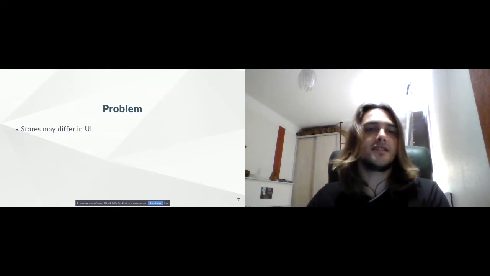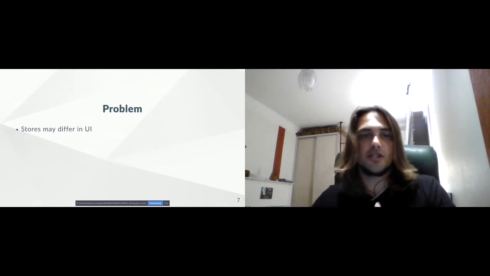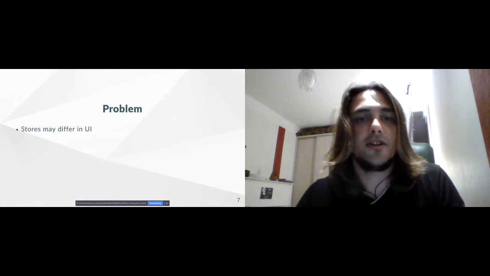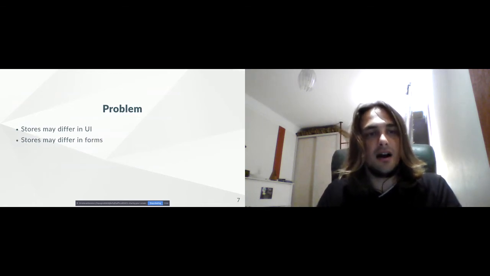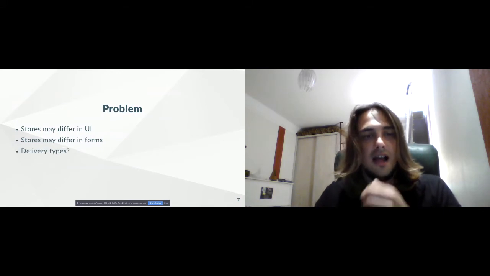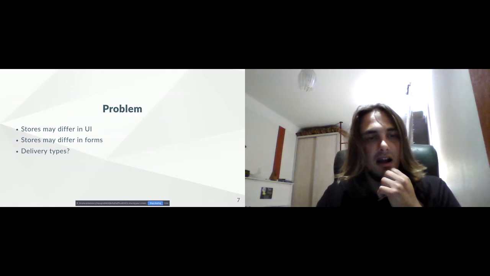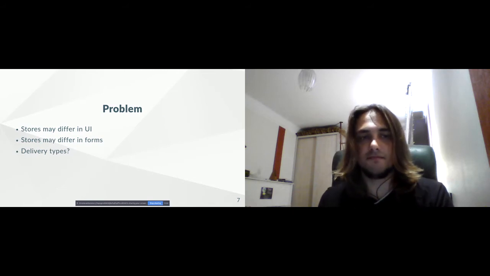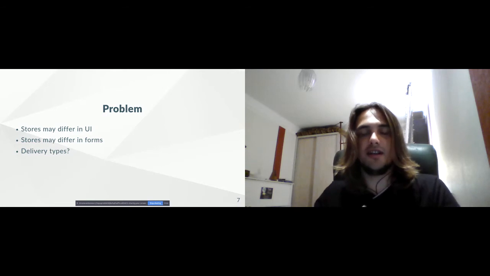So the problem here is that when we have multi-store web applications, the stores have different UI. Stores are different in data, and we may have different types of forms, so different kinds of options users see working with our e-commerce websites.